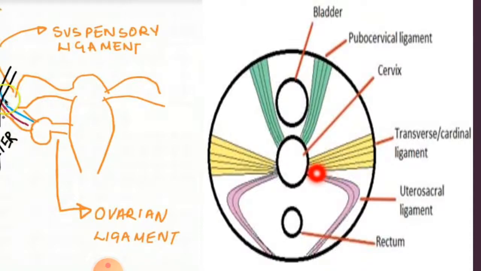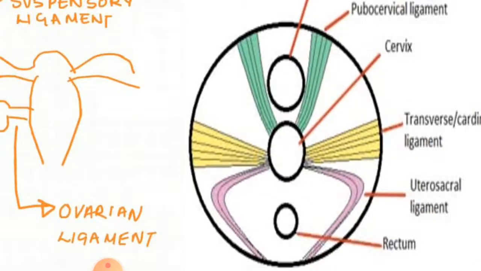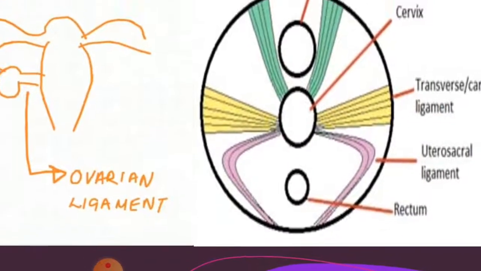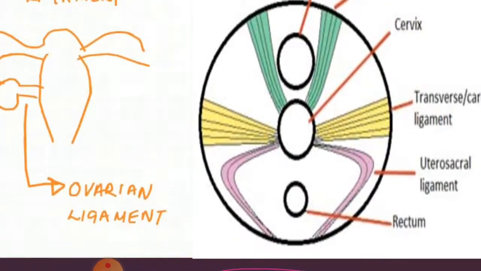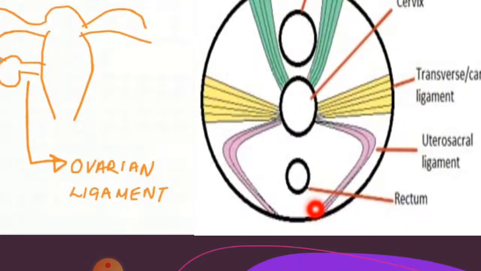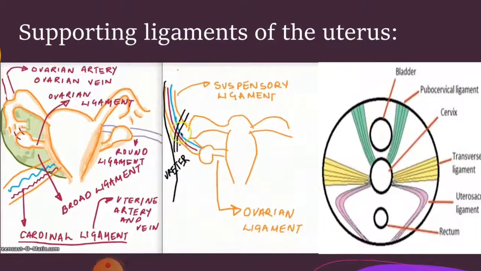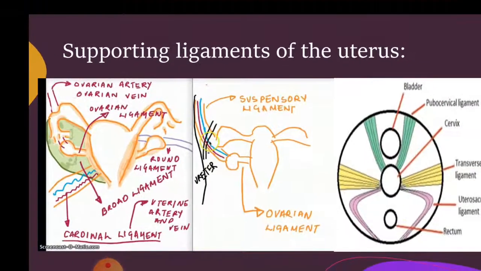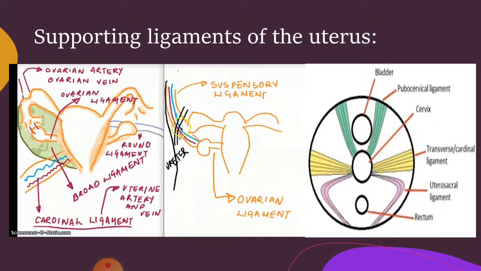And we said that the uterosacral ligament is originating from the posterior walls of the cervix and the vagina, and it is extending backwards, one on each side of the rectum, and then it is extending to the sacrum. This is the rectum, and posteriorly to the rectum will be the sacrum. That's why we are calling it the uterosacral ligament.